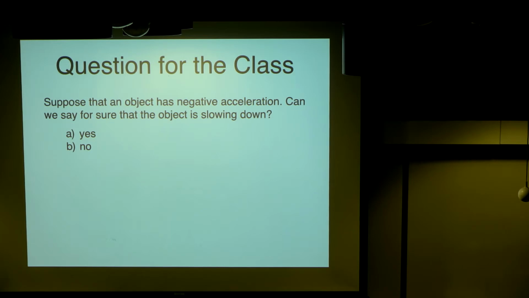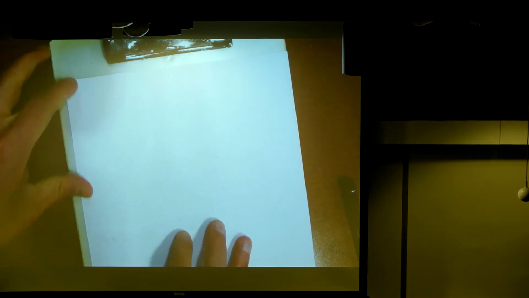And actually, the way I want to convince you that that's true is by drawing a graph of an object's motion and seeing what we can find out about that motion from the graph, okay?